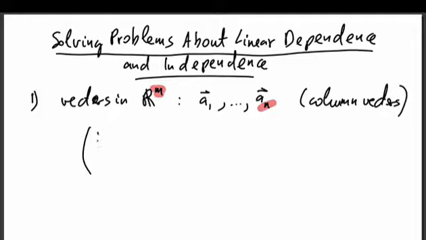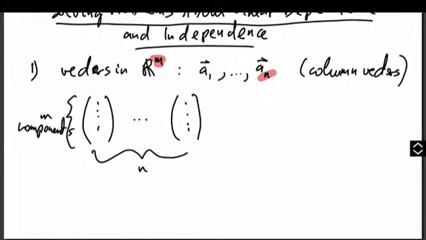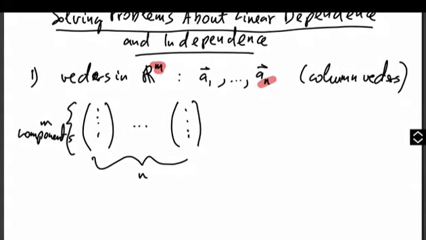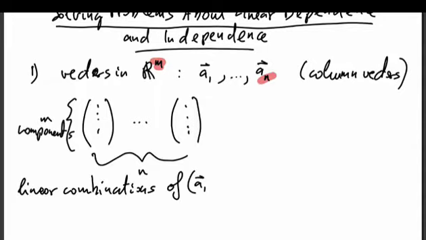We have these vectors with m components, since it's in Rm, and then we have n of these vectors. Then for linear dependence and linear independence, we want to look at linear combinations of the list a1, an.